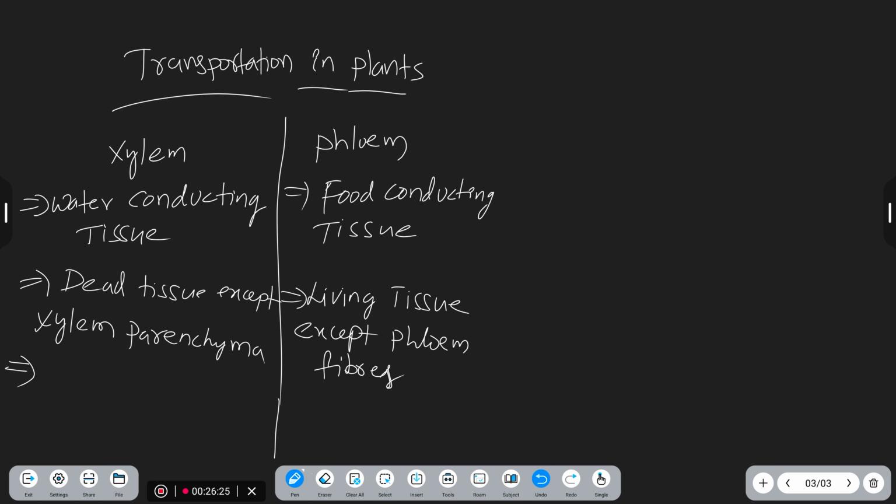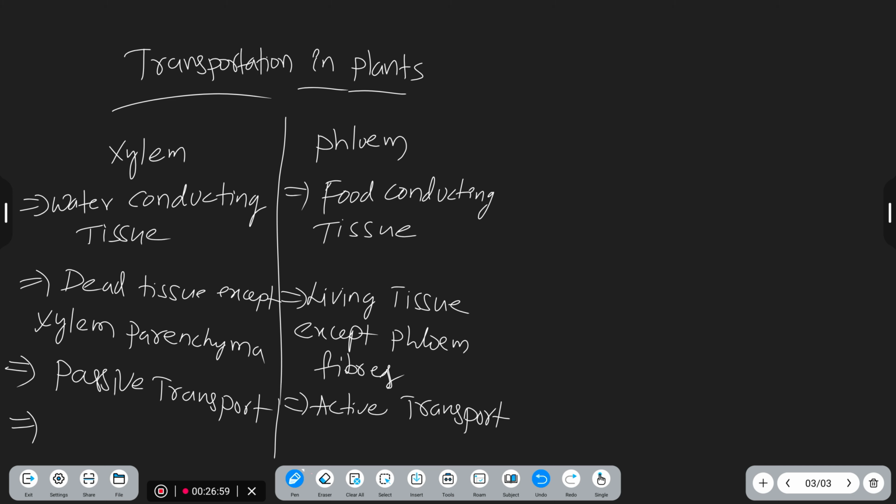And during water conduction, there is no need for ATP, no need for energy. So such a transport we can call passive transport. Passive transport. Here they need energy, so active transport.